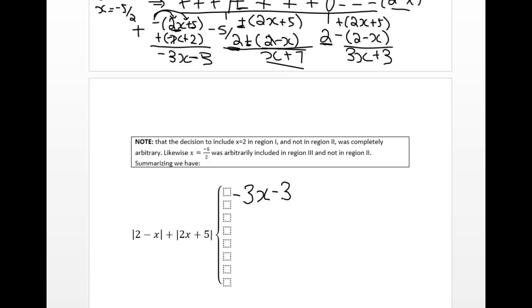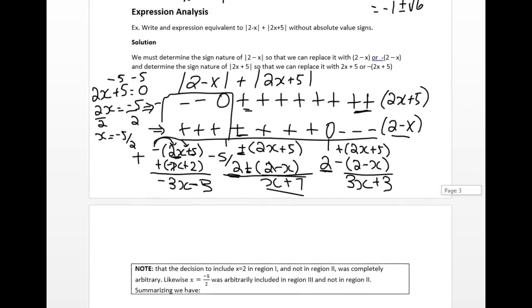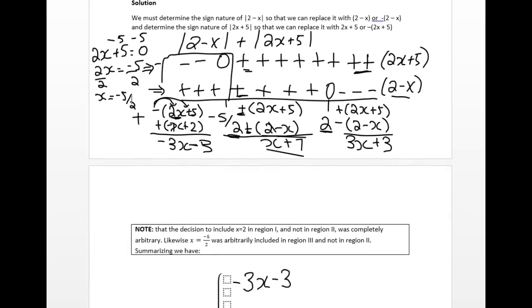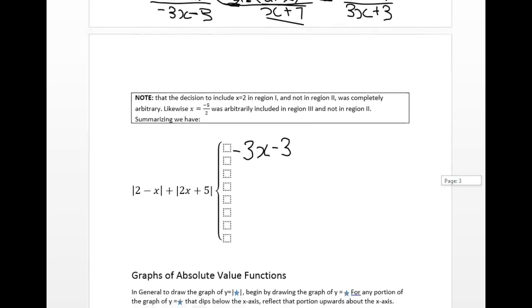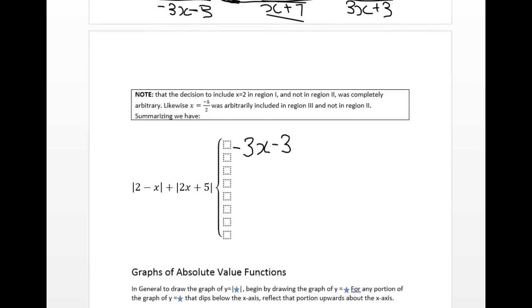We were in minus 3x to minus 3 in that first section, and if you look at that first section, it went from negative infinity to negative 5 over 2. Okay, so that's how we label it. It is from negative infinity to negative 5 over 2.